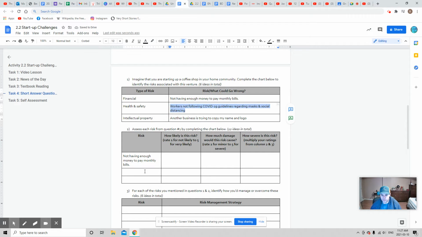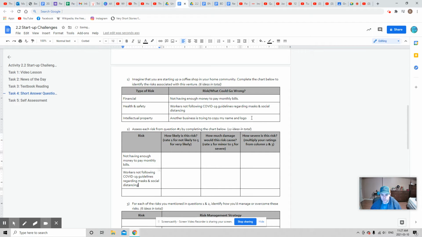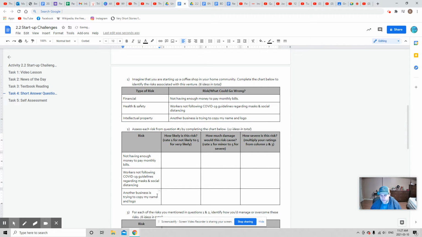Question 2, assess each risk from question 1 by completing the chart below. So what I'm asking you is to think about for each risk, how likely is it to happen and how much damage could it cause? So you just pick a number from 1 to 5, 1 being not likely to 5 being very likely. Well, I'll give it a 4.